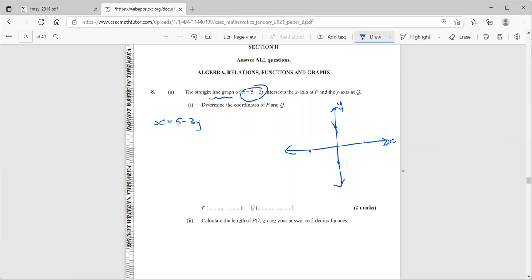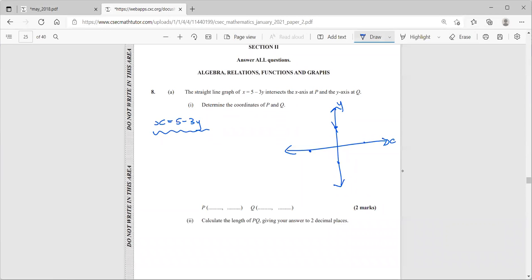What's the first thing we're going to do with this? To find out any information, what's the first thing we have to do? Put values into the function. Is it put values into the function?